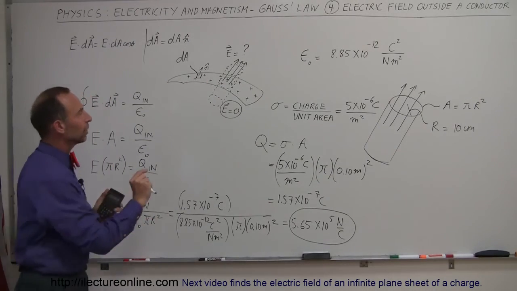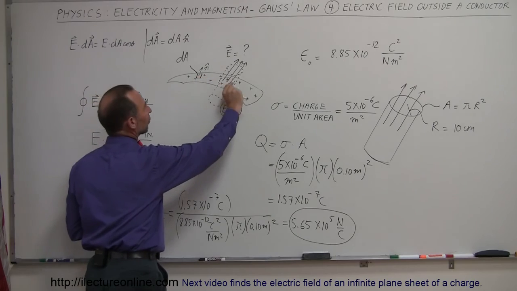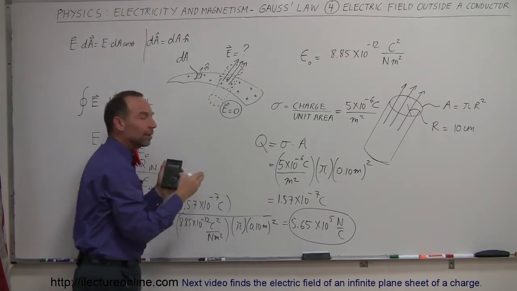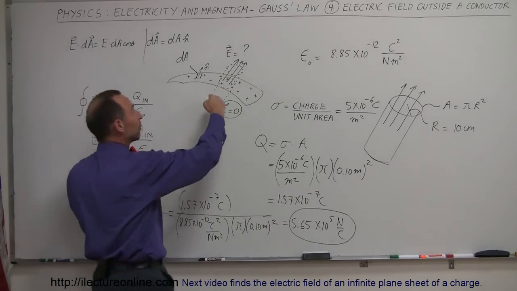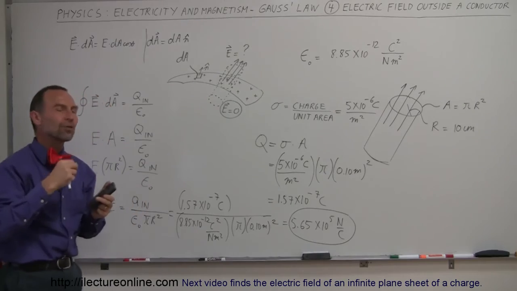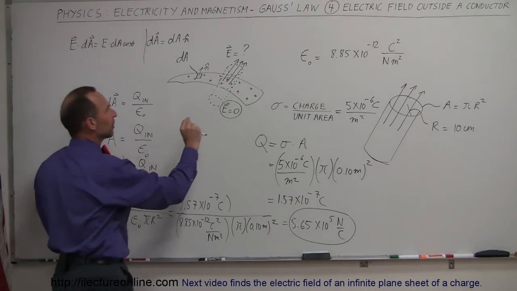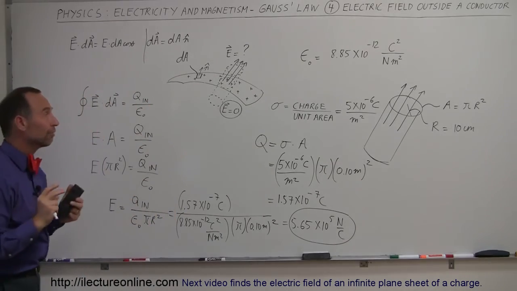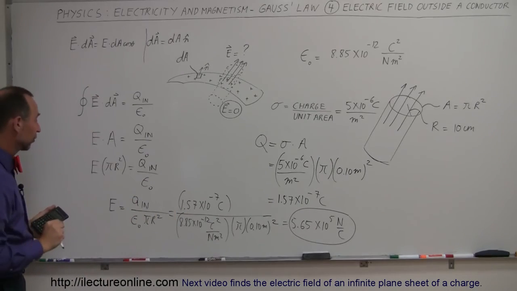Now, that's only valid for being very close to the conductor. If we go far away, where the shape of the conductor is relatively small to the distance that we're away from the conductor, then of course this becomes more or less a point object, and then the equation becomes quite different. But for something where you're very close to the surface, that would be the appropriate way in which we can find the electric field very close to the conductor.